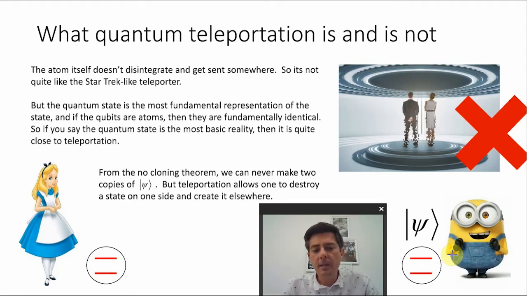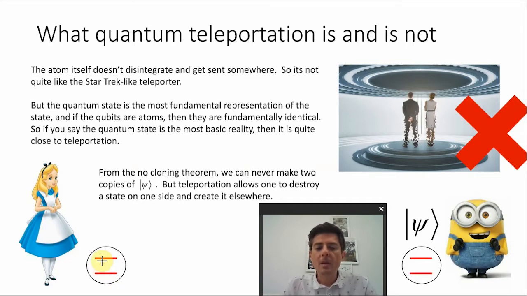Well, another way to view it is that because the quantum state is the most fundamental representation of the state, it doesn't really matter what atom it is on, because all the atoms are completely identical objects, and really the thing that defines the state of the atom is the quantum state. So you might say the quantum state is the most fundamental thing anyway, not really the atom. And so that is what is being teleported.